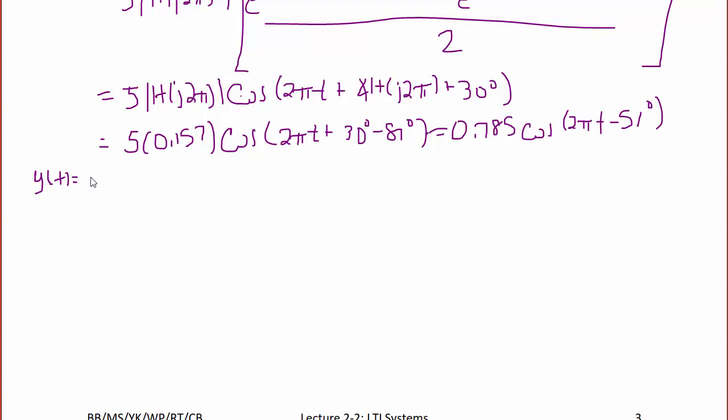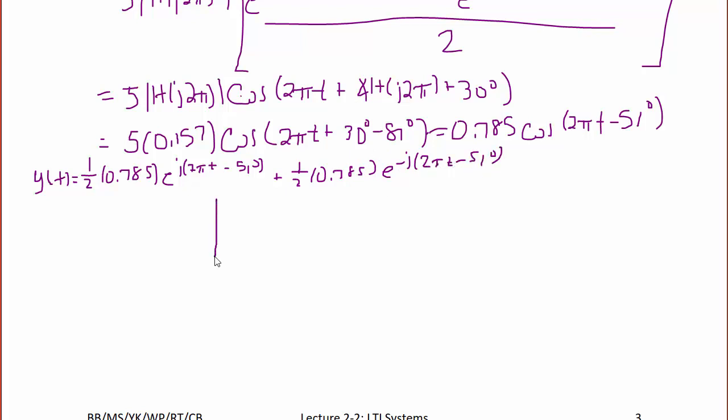So y of t is equal to 1/2 times 0.785 e^(j(2πt - 51°)) plus 1/2 times 0.785 e^(-j(2πt - 51°)).